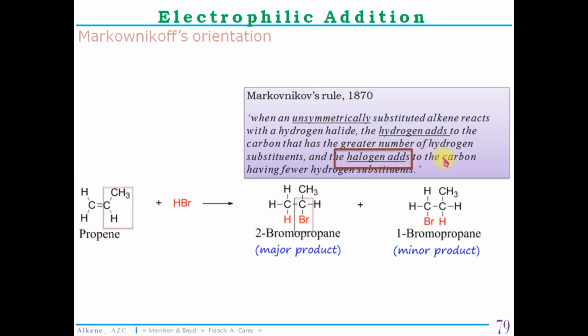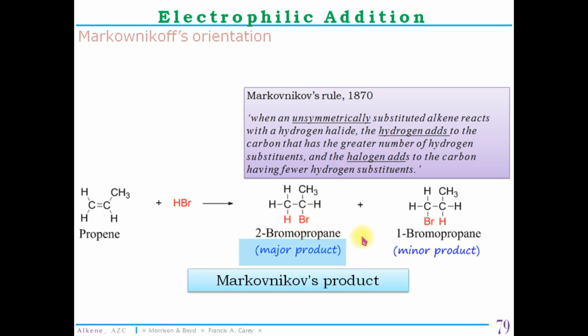Halogen adds to the carbon having fewer hydrogen substituents, and we have this sp2 carbon which has only one hydrogen substituent. So bromine adds to this carbon. The major product in electrophilic addition reaction is called Markovnikov's product.